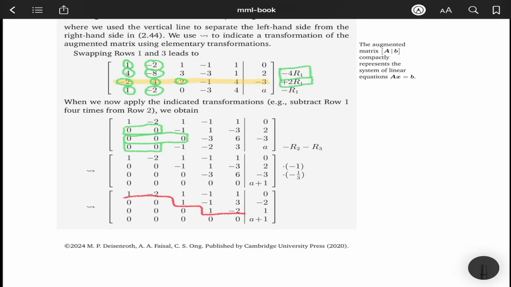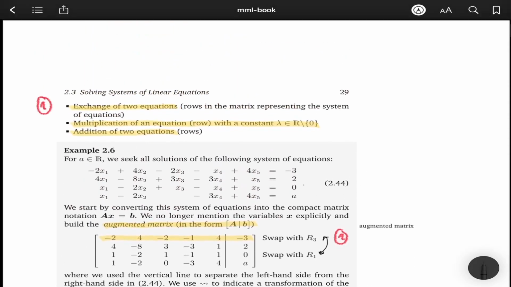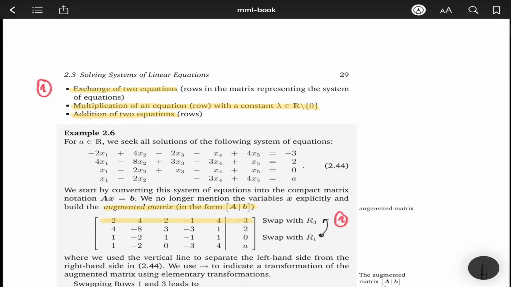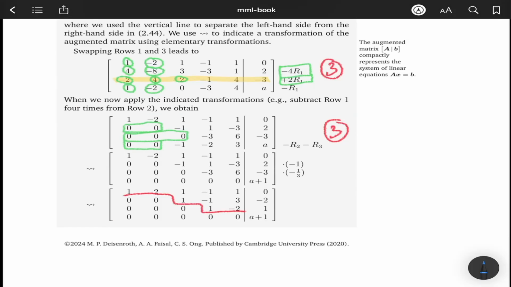So in here, they actually do it at the same time. And we are just talking about addition. So here, this part. Okay, so what they do here is now they take minus R2 and minus R3. And because we have nulls here anyway, it does not change anything in the first coefficients.